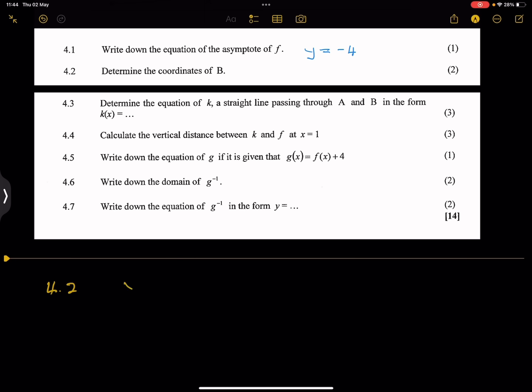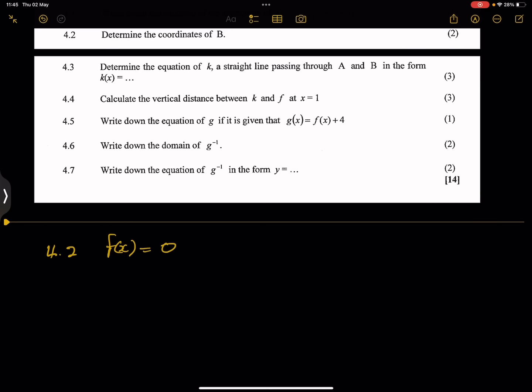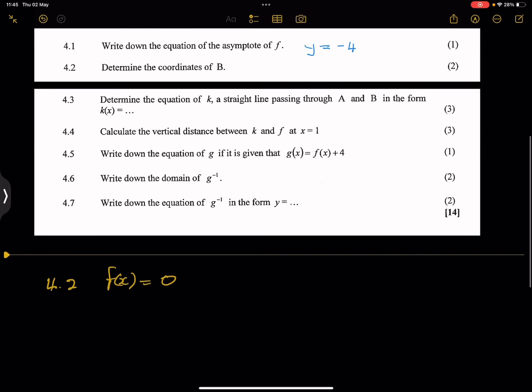I know that y is equal to 0, right? So this is where f of x is equal to 0. So in this case, I'm going to have f of x equal to 0. So that's 2 to the x minus 4 is equal to 0.